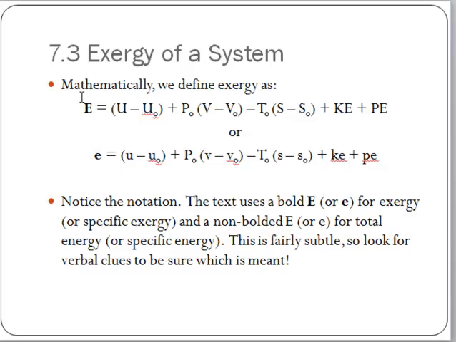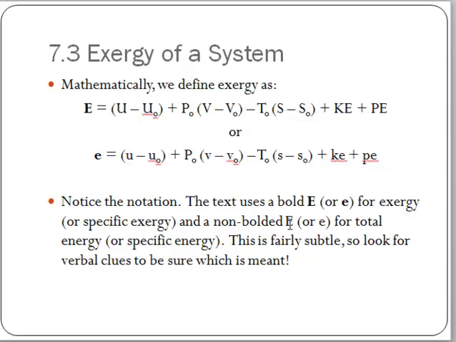Okay, the notation is interesting because in this textbook, at least, they use a bold capital E or lowercase e for exergy. The non-bolded E's that you see spattered throughout the book, such as in KE and PE here, are for energy.